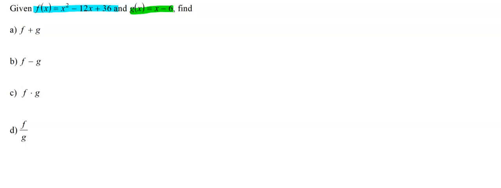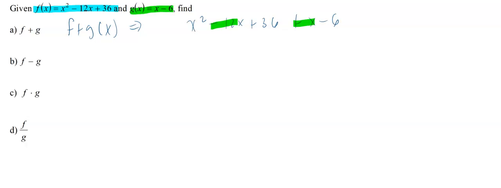So the first one is we're going to take f of x, and we're going to add it with g of x. So in other words, we're going to take f plus g of x, and that's going to be x squared minus 12x plus 36. And now here's where we will add g, plus x minus 6. So let's just combine like terms. We have a negative 12x, we have a positive 1x.